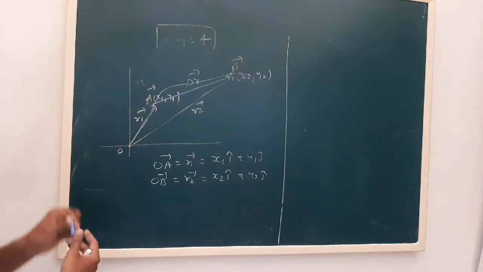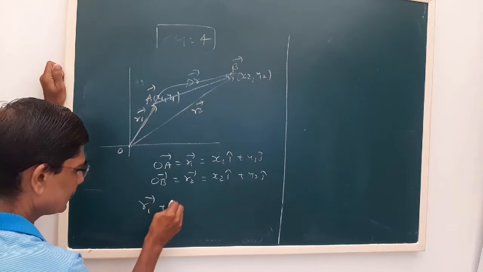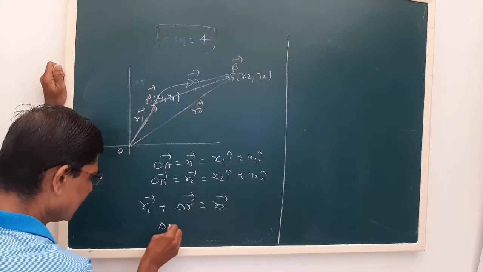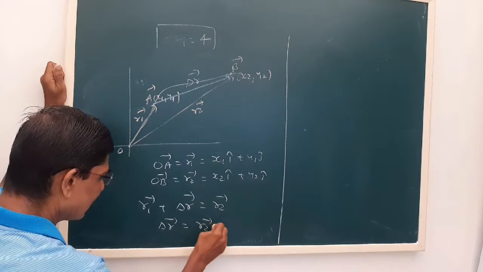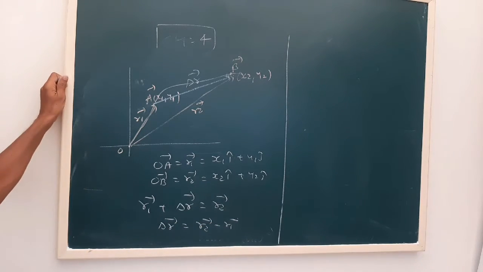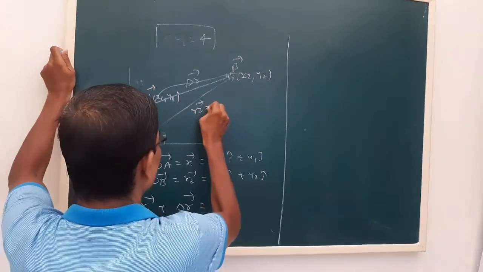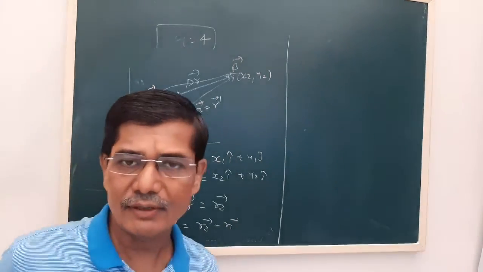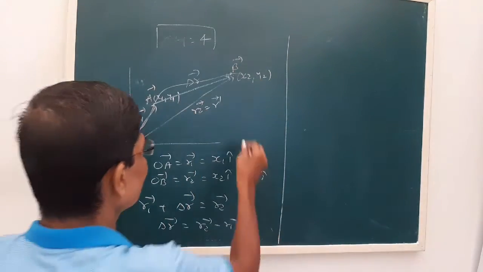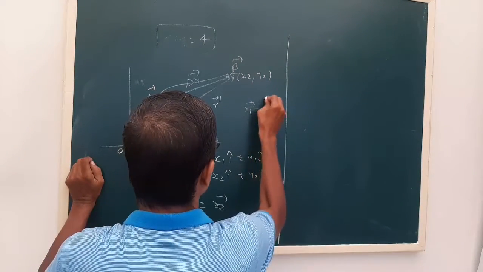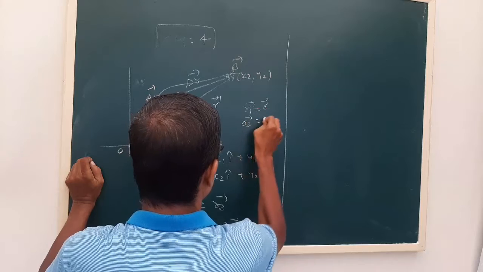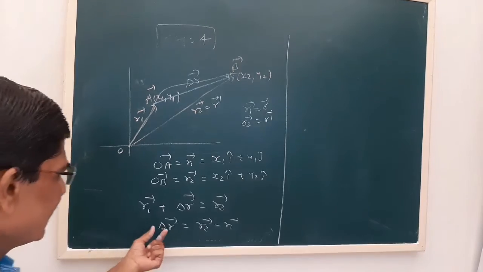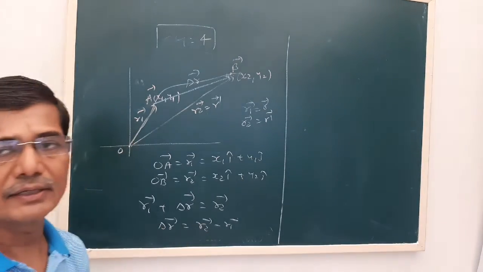So we can write r1 plus delta r is r2, so delta r is r2 minus r1. The only thing is, the book has taken r dash for r2, but for our convenience we can say r1 is r and r2 is r dash. Then it will be easy for us. Now delta r is r2 minus r1.